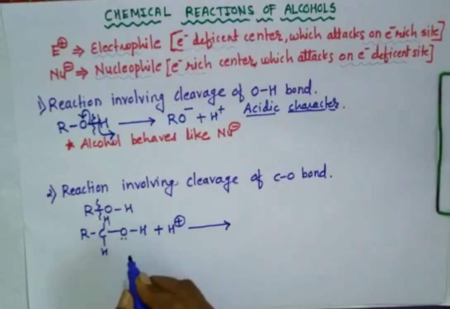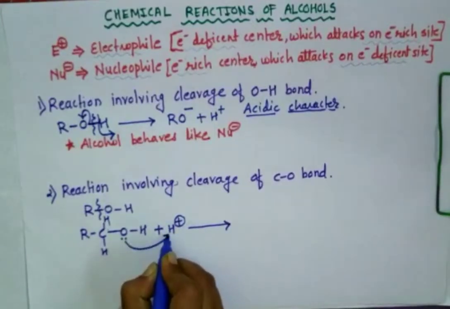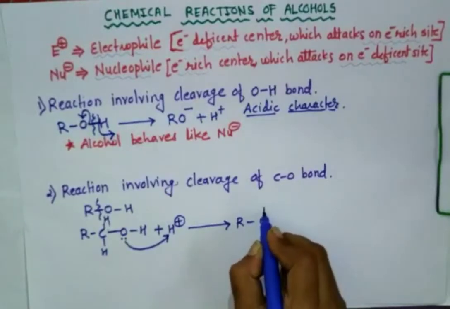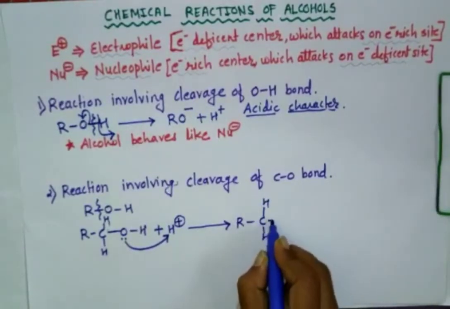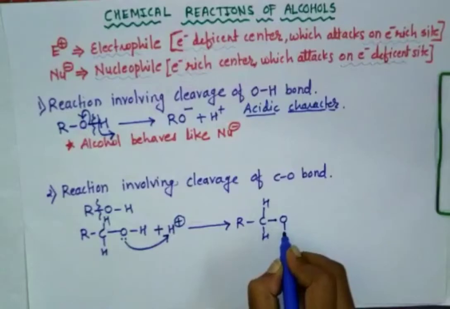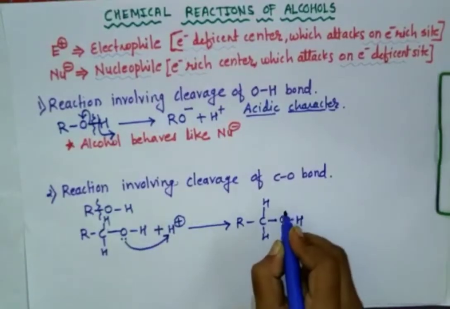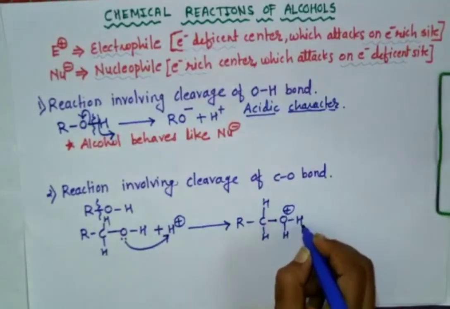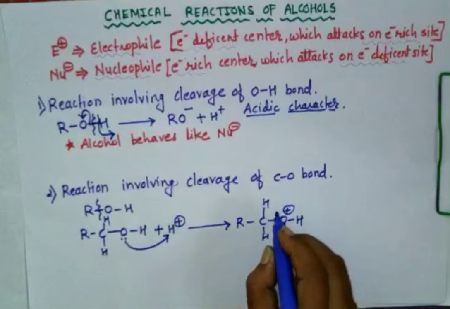So here the lone pair will attack the proton, and it will form what is called a protonated alcohol. Now this group, OH2, is an easy leaving group.